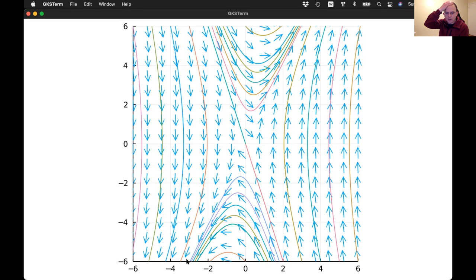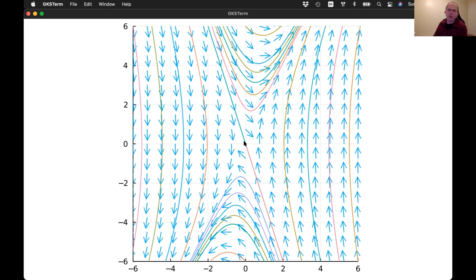Then that would be x is -3. I thought we did solve for that. Oh, but it's heading off in that direction. That's probably why. And I'm not sure what would happen if we started right at 0. I don't think the solution is defined there.